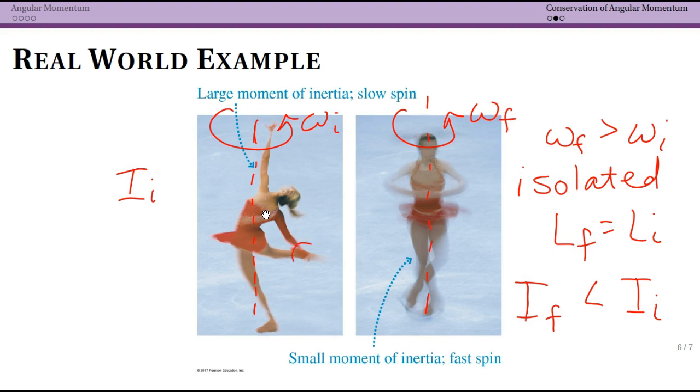So as she brings in her body to make it as small as possible to the axis of rotation, this final moment of inertia decreases, which means that since her angular momentum is conserved, her angular speed increases. So that's what's going on here. As you change the moment of inertia, if it's an isolated system such that your angular momentum is conserved, you expect to see your rotation speed change.